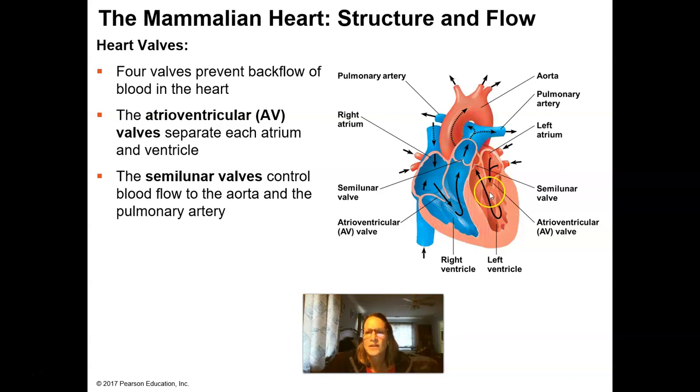And where's the other one? Here's the other semilunar valve. It's hard to see. Okay, so here's the left ventricle, and that's leading to the aorta. And so that semilunar valve makes sure the blood keeps flowing into the aorta and it doesn't flow back into the ventricle.